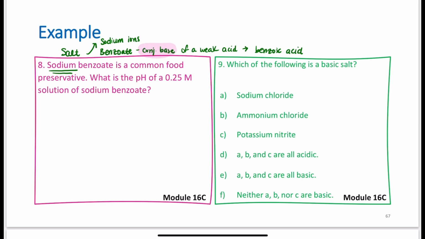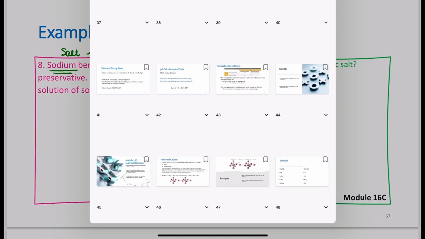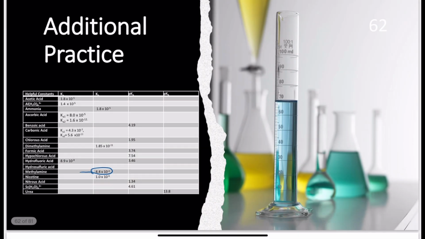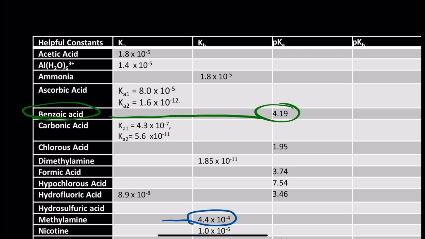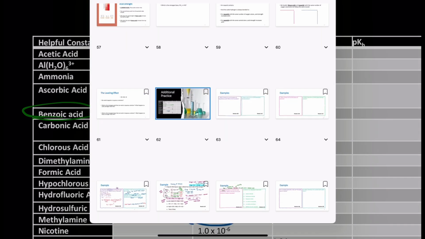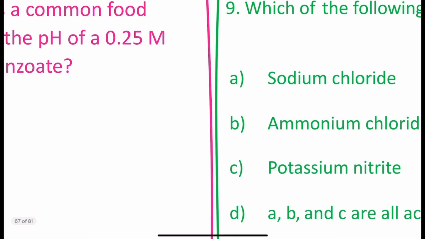Because it's a base, I'm going to need Kb. I look at the list I gave us, and the list has benzoic acid listed right here, and it's giving me a pKa value of 4.19. So I'm going to use that information to find the Kb.